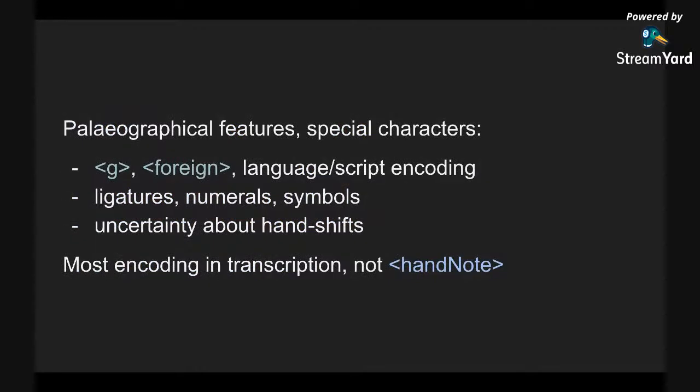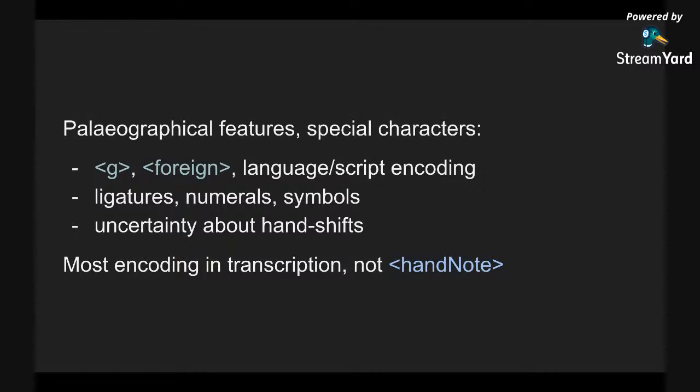So in summary, the kind of information which is contained in the hand note, in the description of letters in an edition, are paleographical features and discussion of special characters. Some of the things in there you might want to tag using a G if you've got symbols which are not easy to encode.